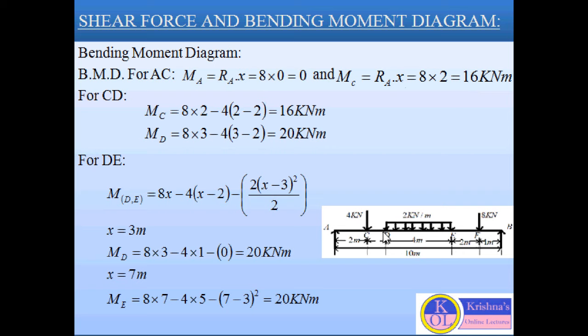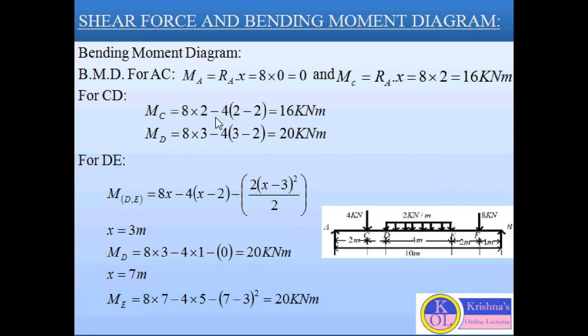Now at CD, we already have the bending moment at point C, that is 16 kilonewton meter, or at point C we can find the bending moment by this equation also. This equation is 8 into X minus 4 into X minus 2.